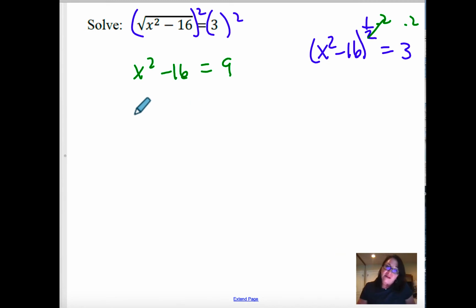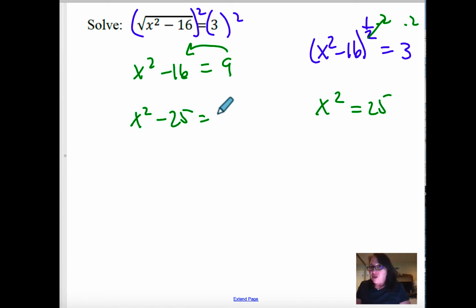I'm going to subtract 9, because if you move this value over to the right, you're going to get x squared equals 25. You have to make sure that you understand that you're going to have x squared, two solutions. Sometimes when you move this over and you get x squared equals 25, a lot of times you'll lose that one value. If you move this over to this side, you're going to get x squared minus 25 is equal to 0.